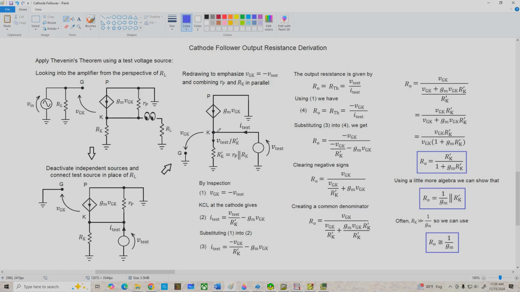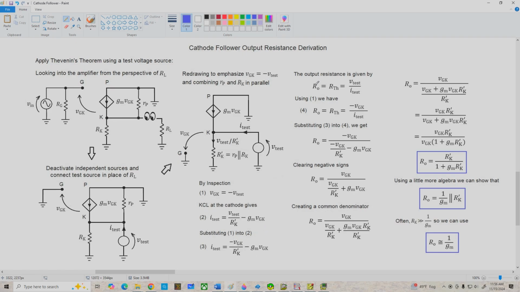And if we do Kirchhoff's current law at the cathode, we find that the test current is equal to V test over R prime K minus GM times VGK. Then we can substitute the first equation into the second one, which gives us I sub test in terms of V sub GK.